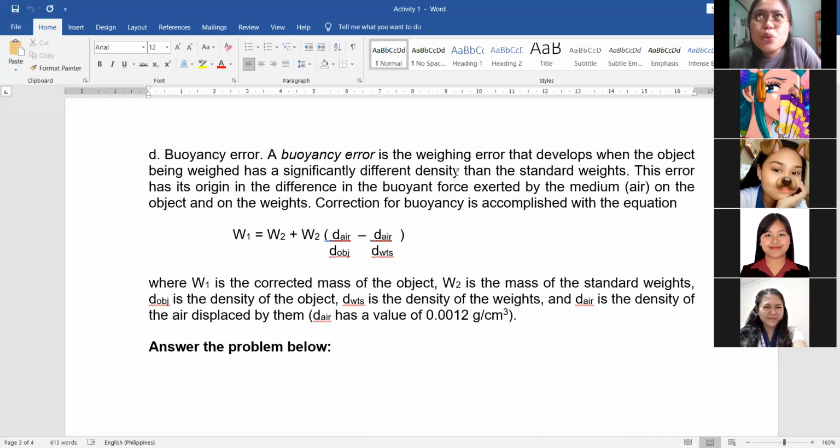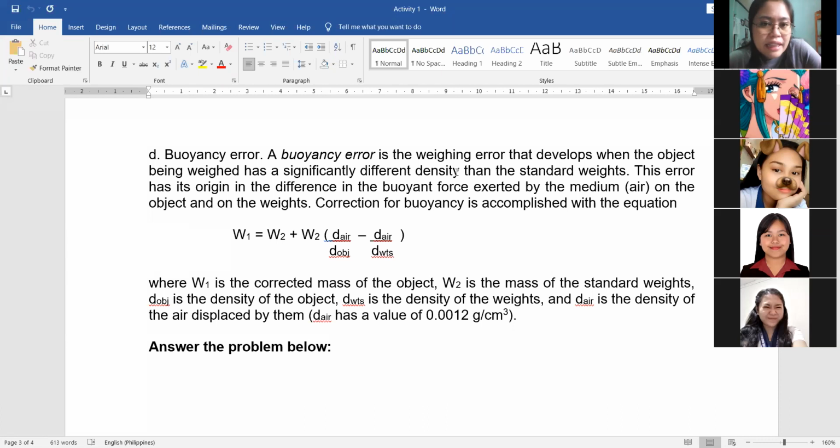Though we can also compute for the buoyancy error, it is common in the single pan analytical balance, which has weights inside. However, there are instances where the weights in our analytical balance do not have the same density as the object we are weighing. Therefore, we have to correct the mass of the object.